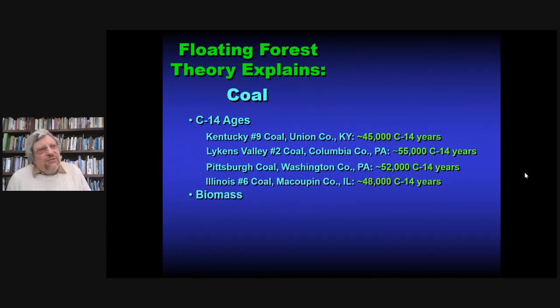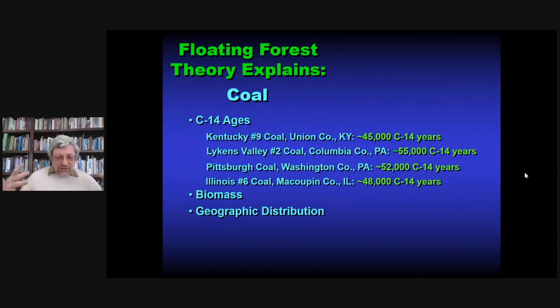The biomass of the coal is what you might expect from a continent-sized floating forest. And if in fact this was a global flood, and it was a continent-sized forest that has by this point in this system been completely destroyed, all you have left are logs.